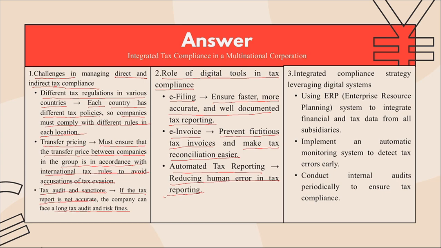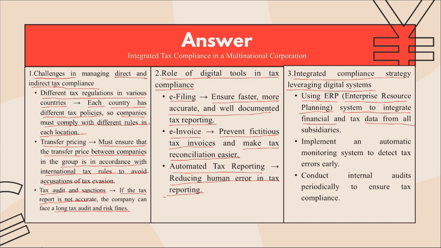And the last but not least is discussing the integrated compliance strategy with digital systems. The integrated compliance strategy leveraging digital systems: the first point is using an ERP or Enterprise Resource Planning system to integrate financial and tax data from all subsidiaries.